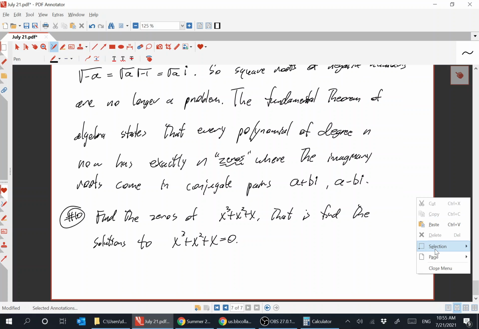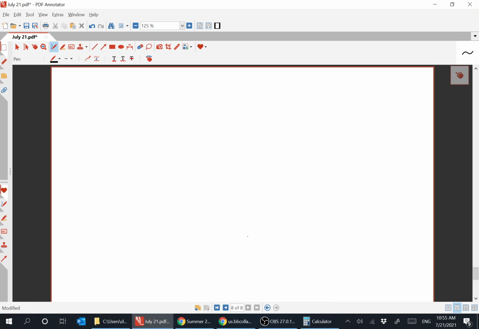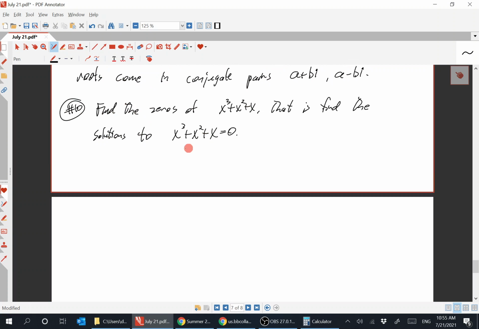So first we factor as much as we can. Now all of the problems in this text break down into linear factors and quadratic factors that don't factor any further, well, over the real numbers.